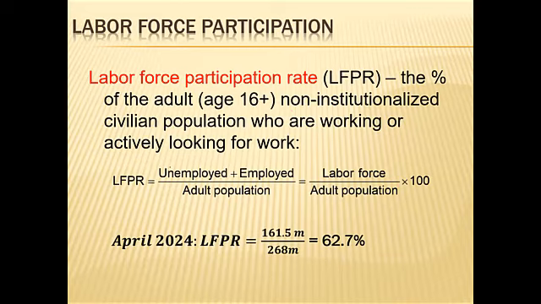So that's the calculation for the labor force, which you'll recall is the total unemployed and employed, divided by that adult non-institutionalized population. I got those numbers from the most recent press release from the Bureau of Labor Statistics, April 24, and that was 161.5 in the labor force divided by 268 adult non-institutional population, for a labor force participation of 62.7. Now, is that good or bad?